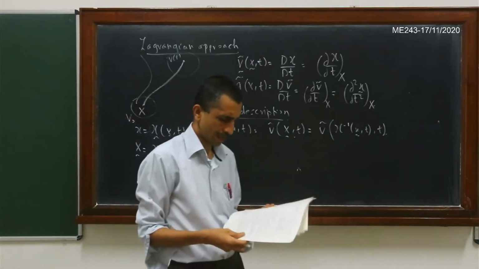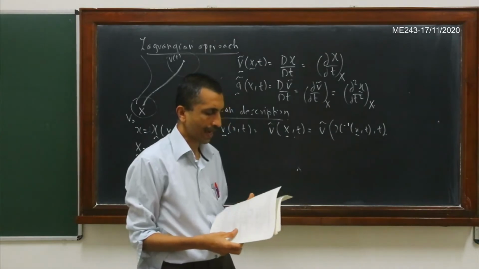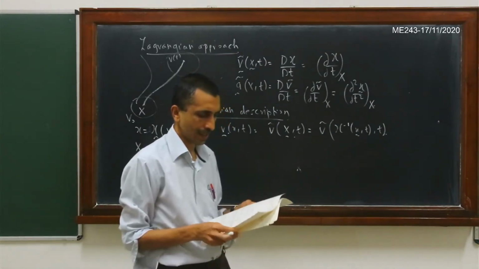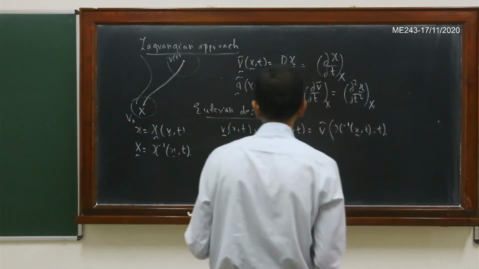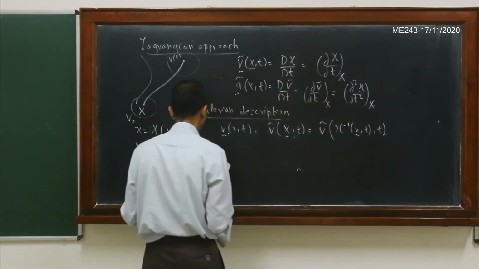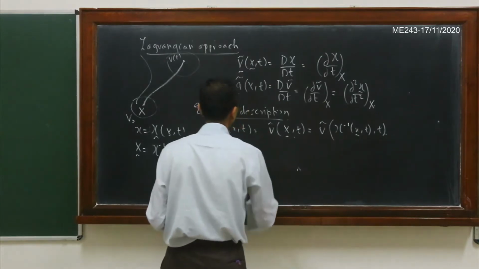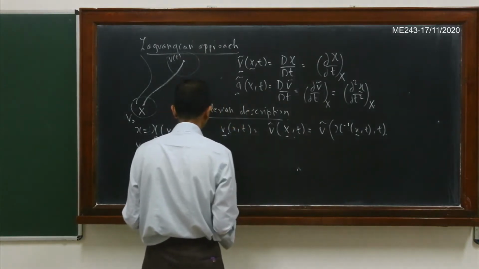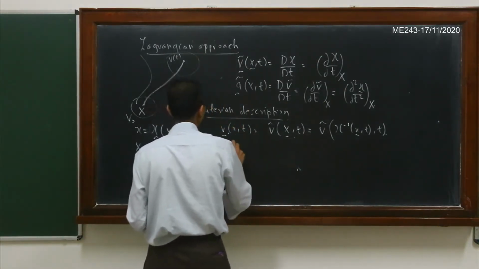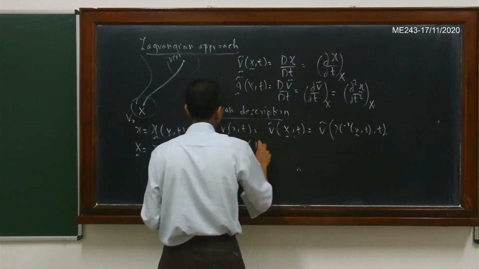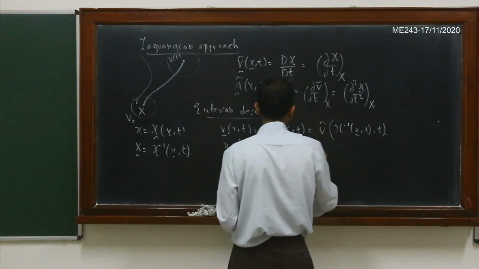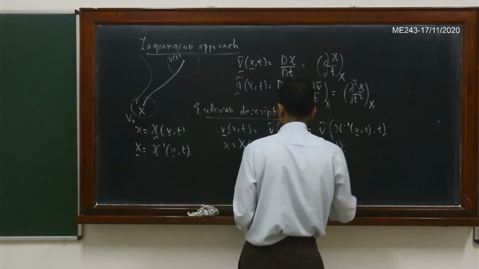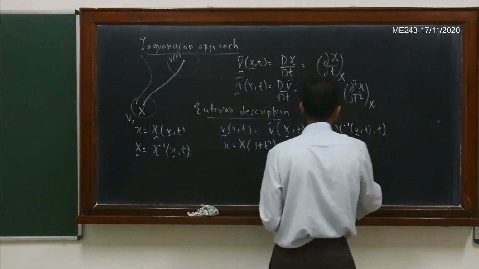Then what about the acceleration? But before going to the acceleration, let me illustrate this point using an example. Suppose x is equal to capital X times 1 plus t square, y is equal to capital Y times 1 plus t, and z is equal to 0.